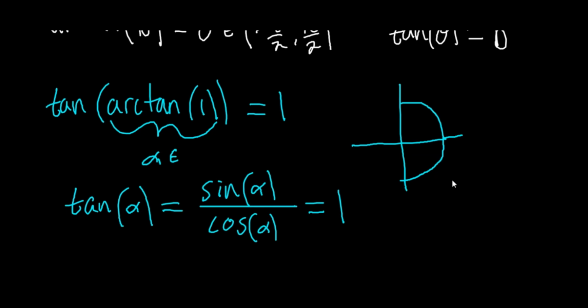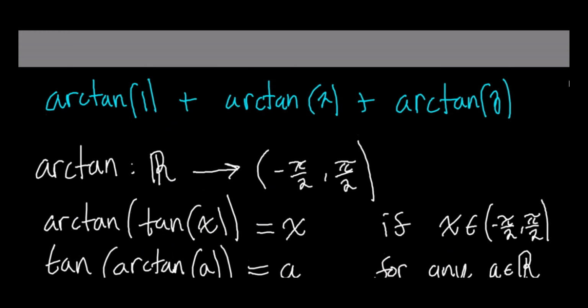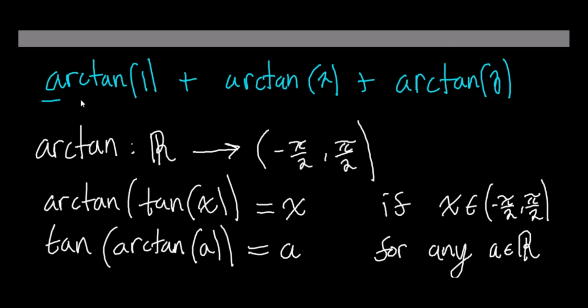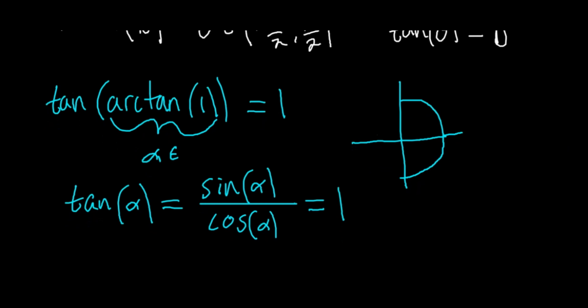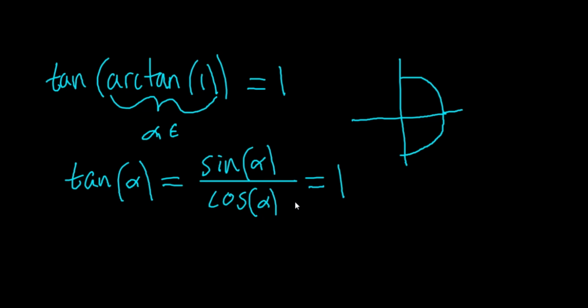So the question is, if you want to determine the value of arctangent of 1, which is a nice starting point to determining the exact value of arctangent of 1 plus arctangent of 2 plus arctangent of 3, then I want to figure out what angle alpha in between negative pi over 2 and pi over 2 is such that when I take the sine of alpha over the cosine of alpha, I get 1.